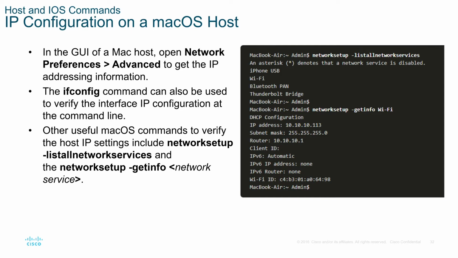Other useful Mac OS commands to verify the host IP setting include networksetup -listallnetworkservices, and networksetup -getinfo. As a network technician, you may be using all of these operating systems.